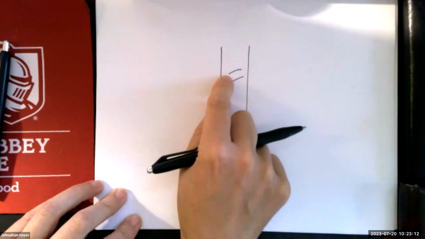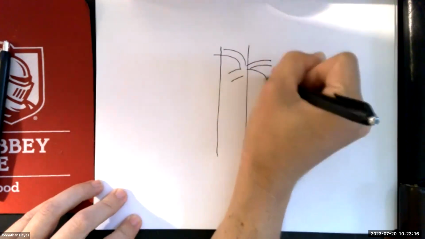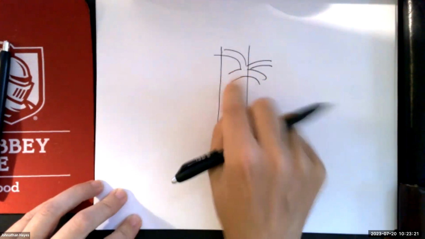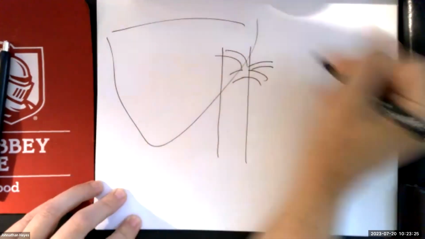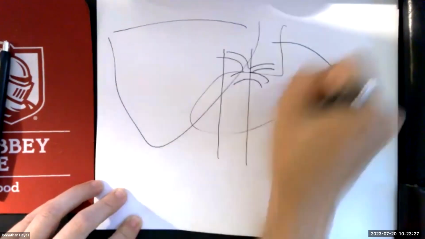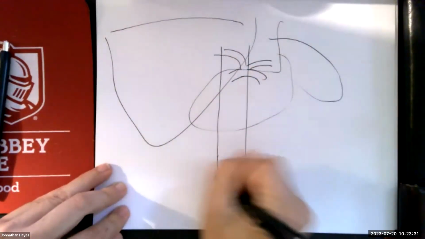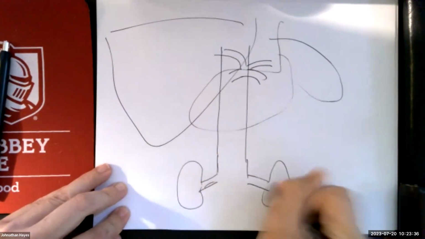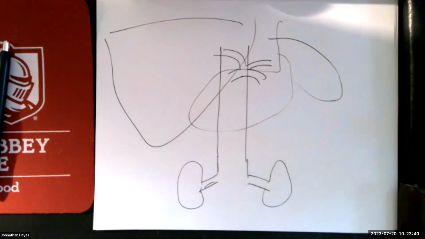And that celiac trunk goes on to form a hepatic, a splenic, and a gastric artery, each of which are all coming off one vessel, right? But they have to share one vessel for a liver, a spleen, and a stomach, which are like this big. And then you have these kidneys down here that are saying, ha ha, look at us, right? And that's not the best relative size picture right there, but you get the idea.